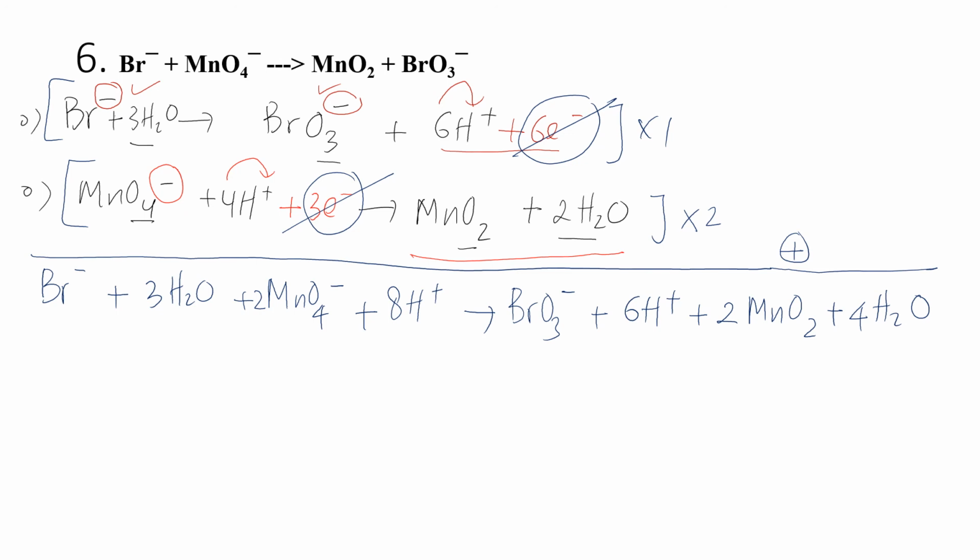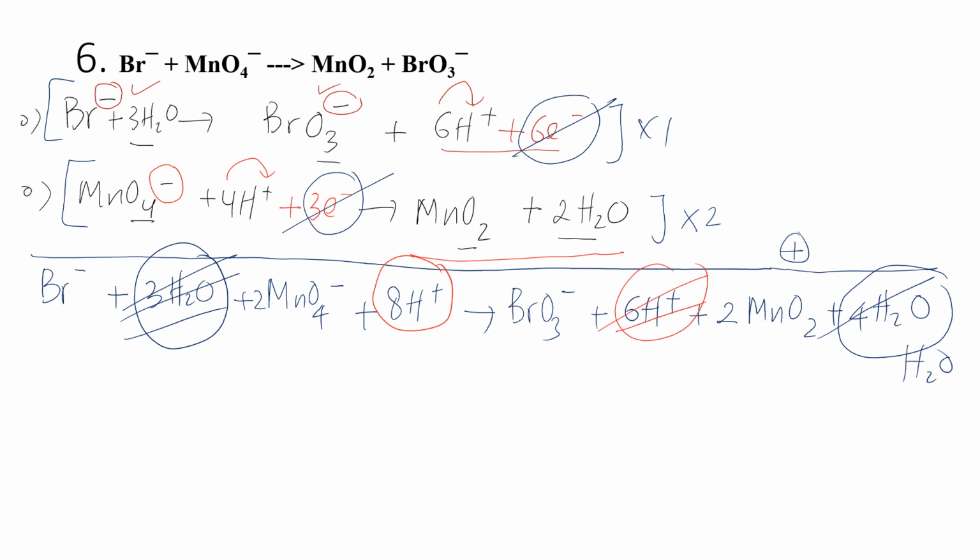Then we have the same molecule in here. We have 3 and 4. So this one use up. Here only one left. Then we have H plus 8 and 6. So here use up. Here the rest is 2H plus.